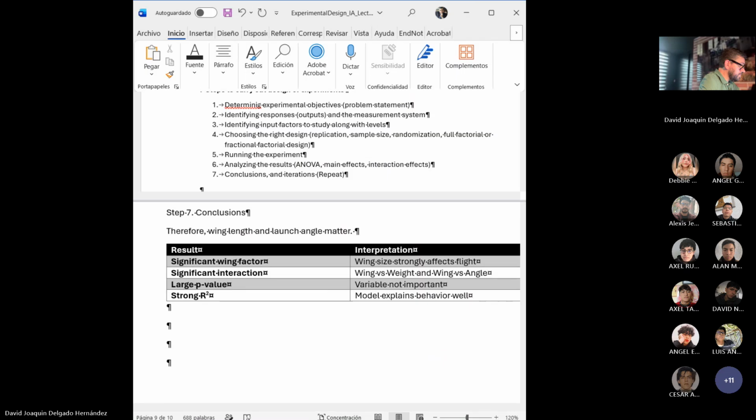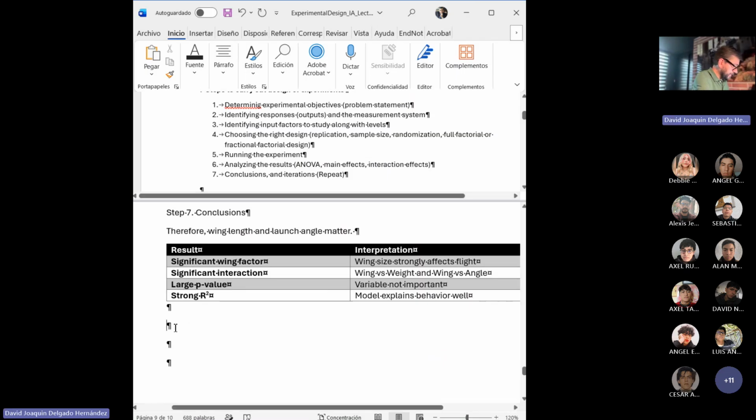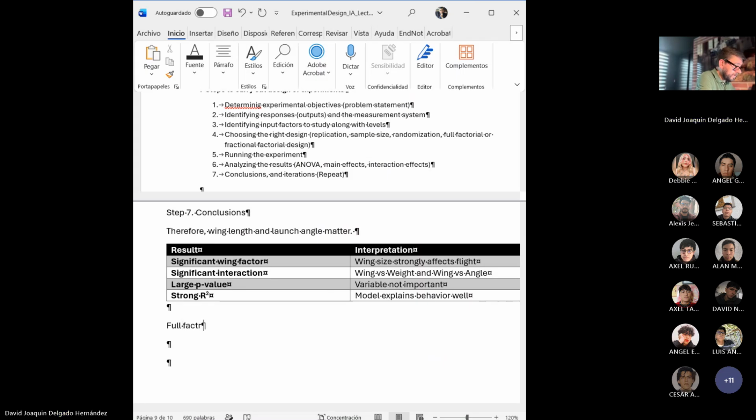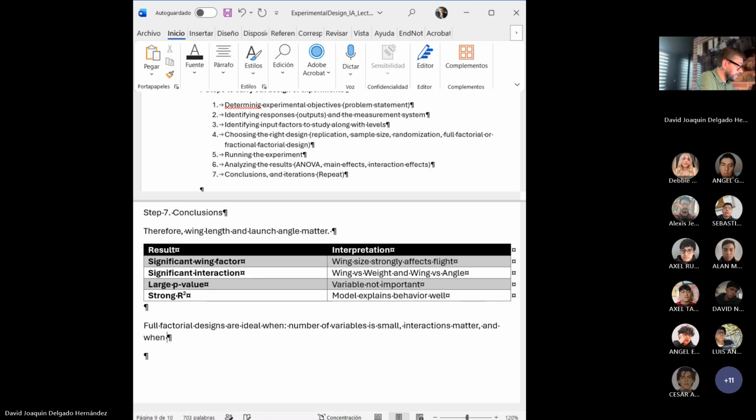So in conclusion, we can say here that full factorial designs are ideal when the number of variables is small, when the interactions matter, and when we want a complete understanding of the system under analysis.